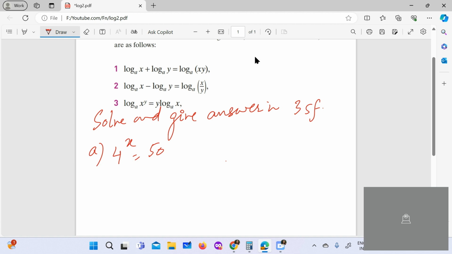Okay, so what we can do is we can first write it in that form. So it will be log base 4 and the number is 50 and the power is x, right?